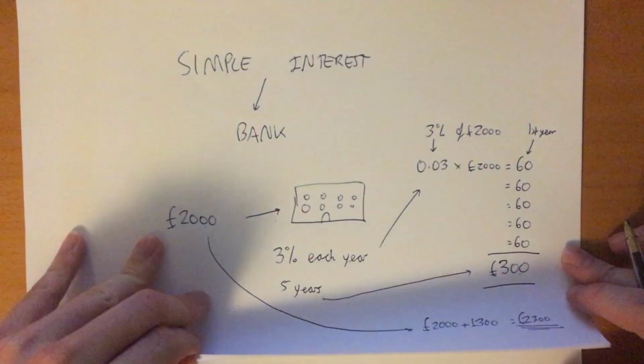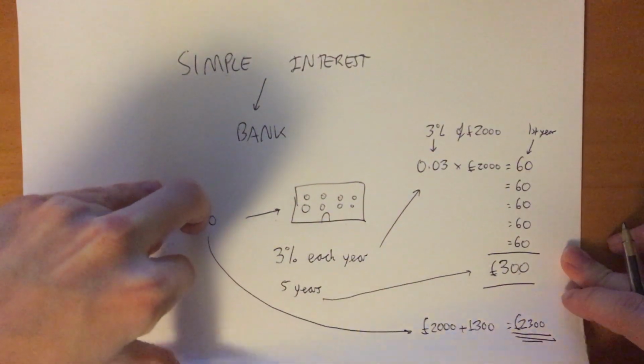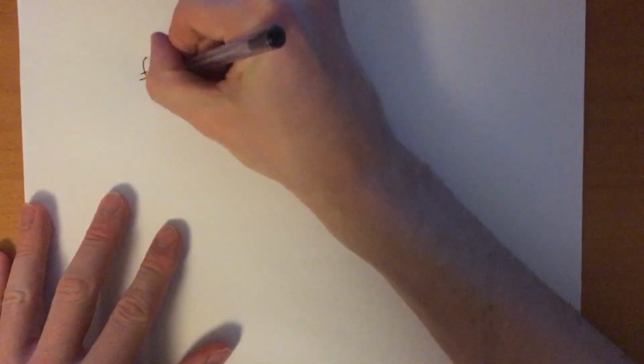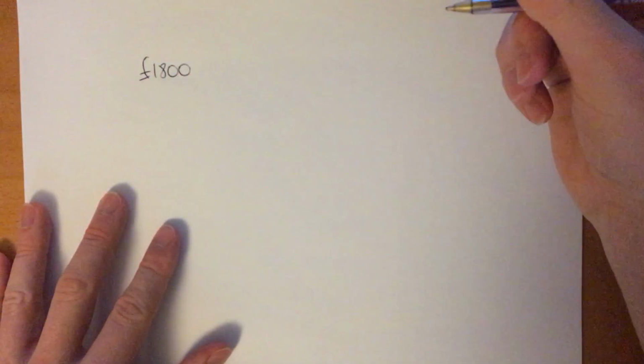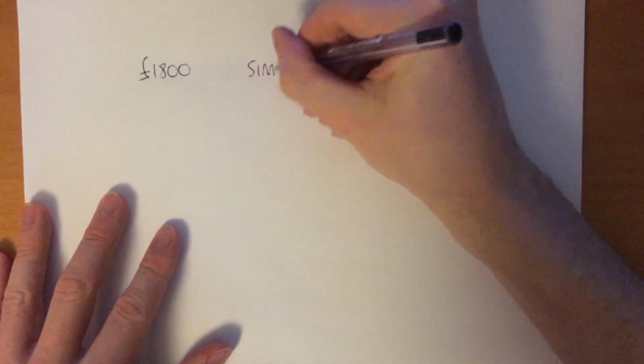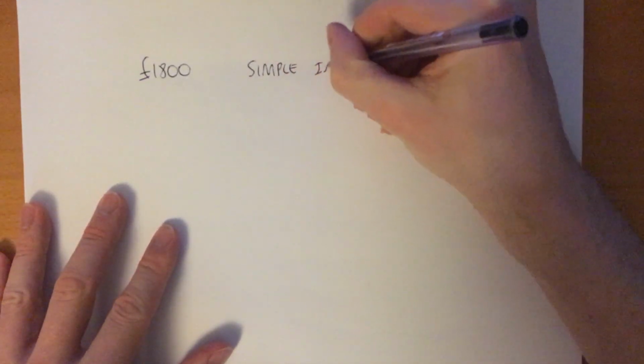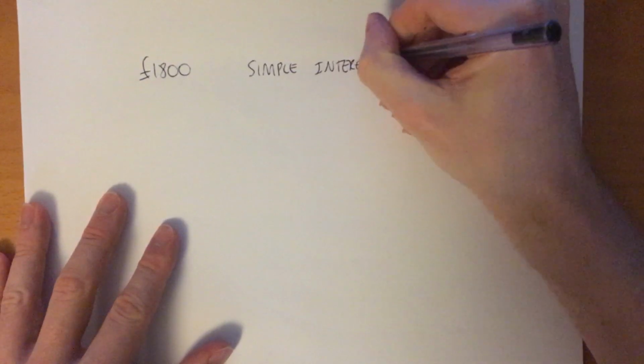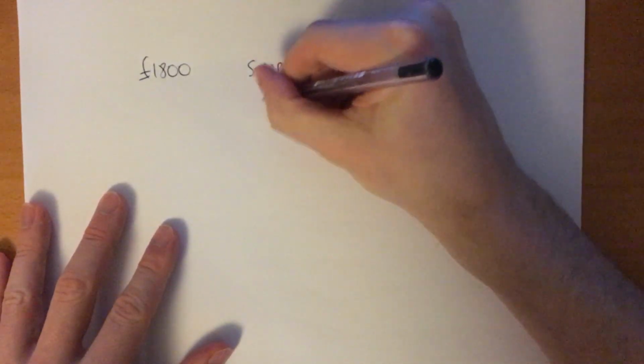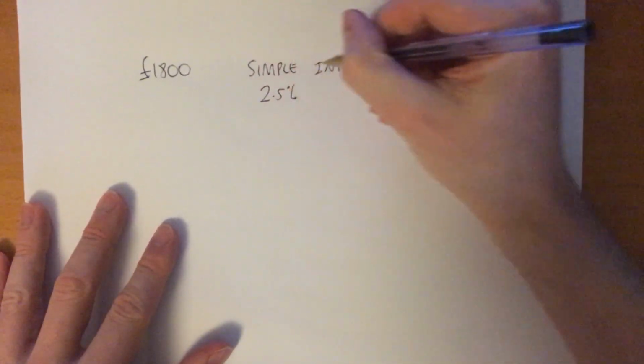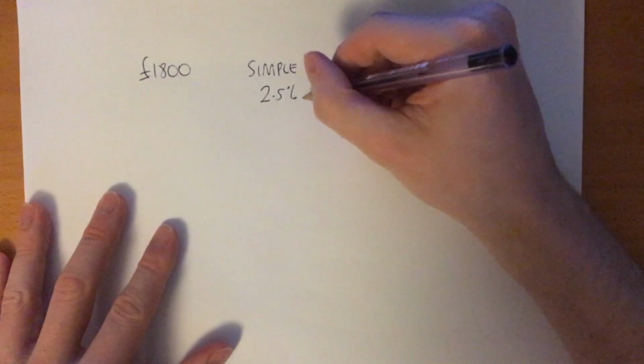Let's go through a second example. Again, pause the video, guys, if you need to, and you want to try it yourself first. Let's say I put in £1,800 in a bank, and the bank offers me simple interest of 2.5% per year.